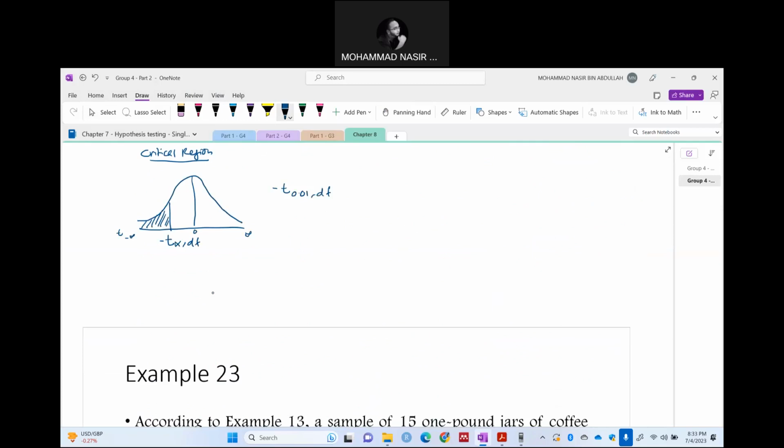So we need to calculate the degrees of freedom. df is equal to S1 squared over N1 plus S2 squared over N2, and we square it, divided by S1 squared over N1 squared over N1 minus 1, plus S2 squared over N2 squared over N2 minus 1.